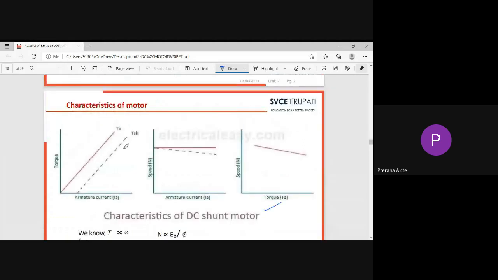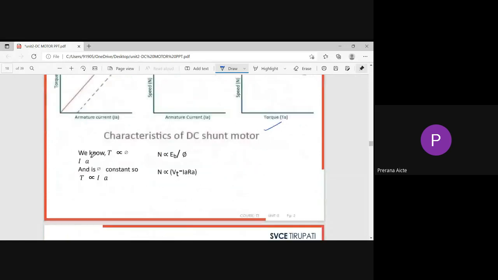The first characteristic is torque versus armature current. We know T is directly proportional to phi Ia. In a shunt motor, the shunt field flux is constant. Therefore, T is directly proportional to Ia.